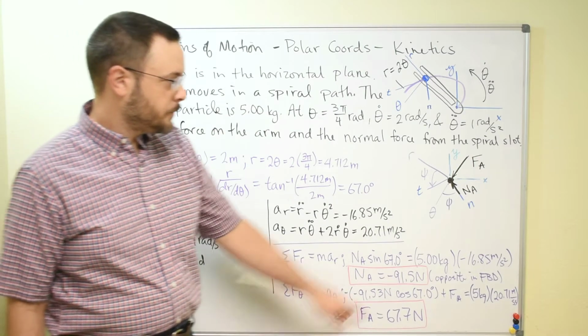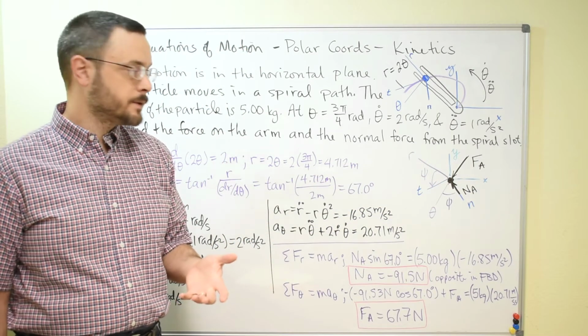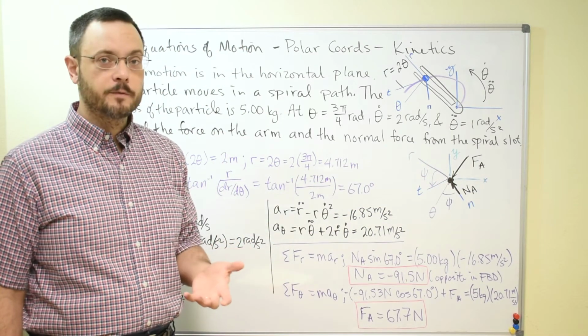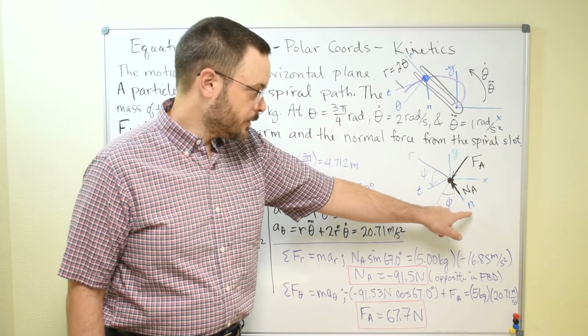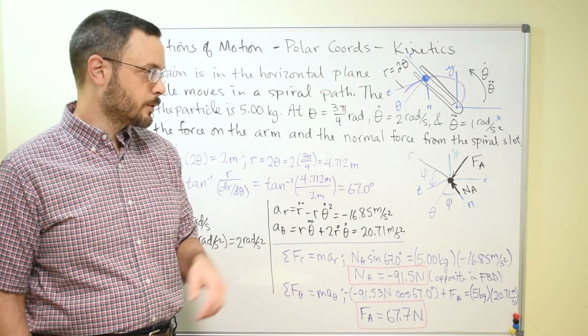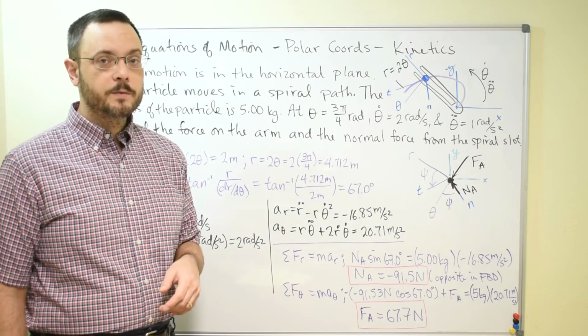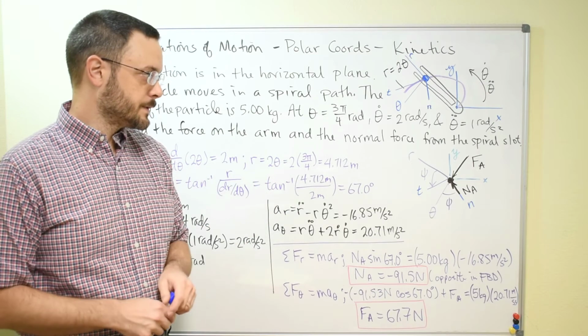I've also put the x and y coordinates. We're not really having to use those on this problem, but just as reference. But we do need to use both the normal and tangential and the radial and transverse coordinates, or polar coordinates, on this one, because we have forces that are using each of those two coordinate systems.